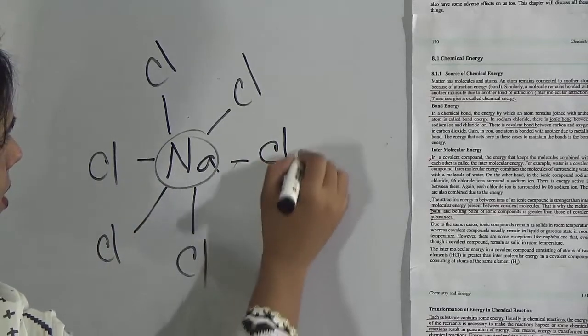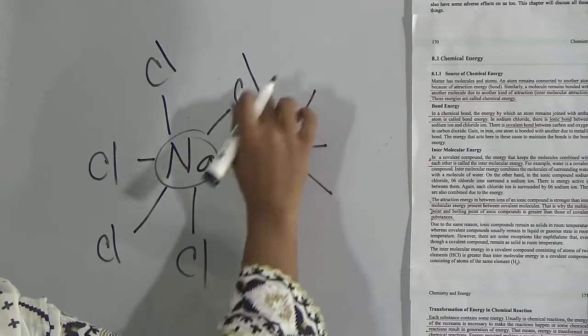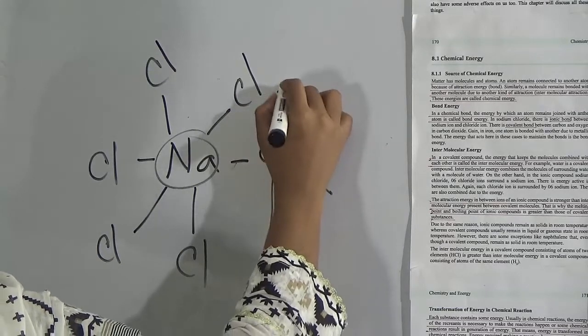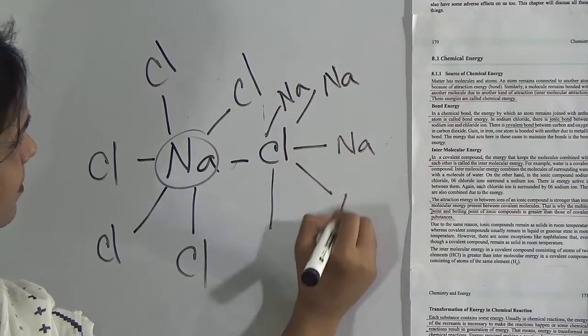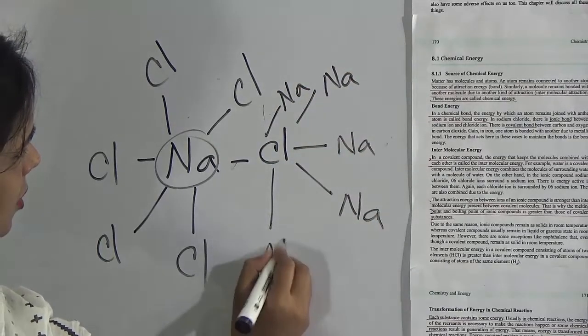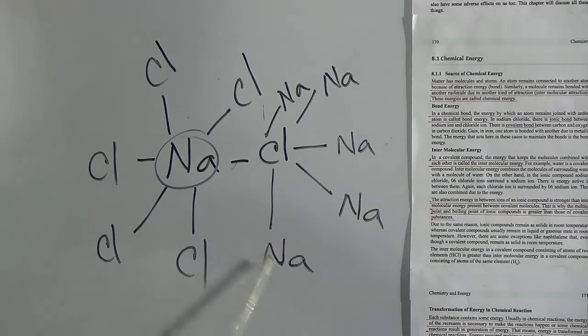Similarly, 1 chloride ion is surrounded by 6 sodium ions, and that's why their intermolecular attraction or energy is so high.